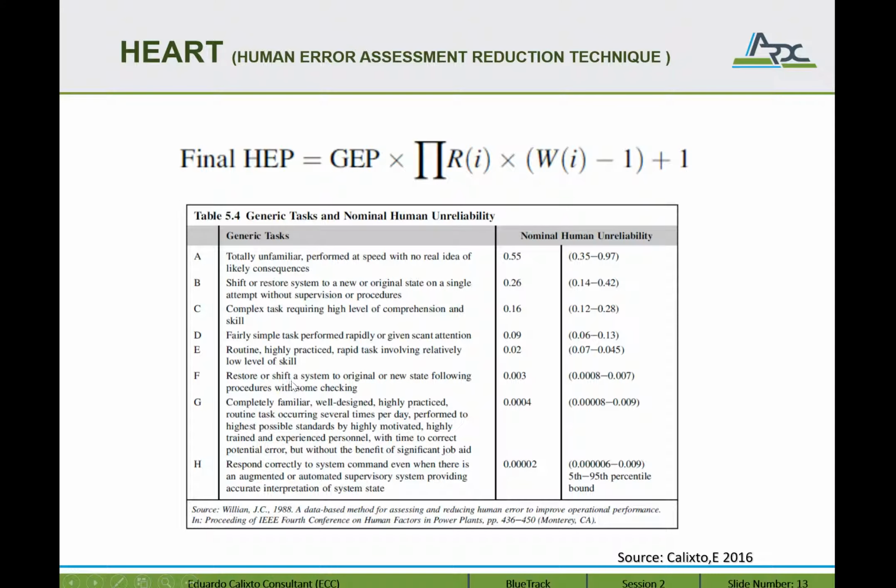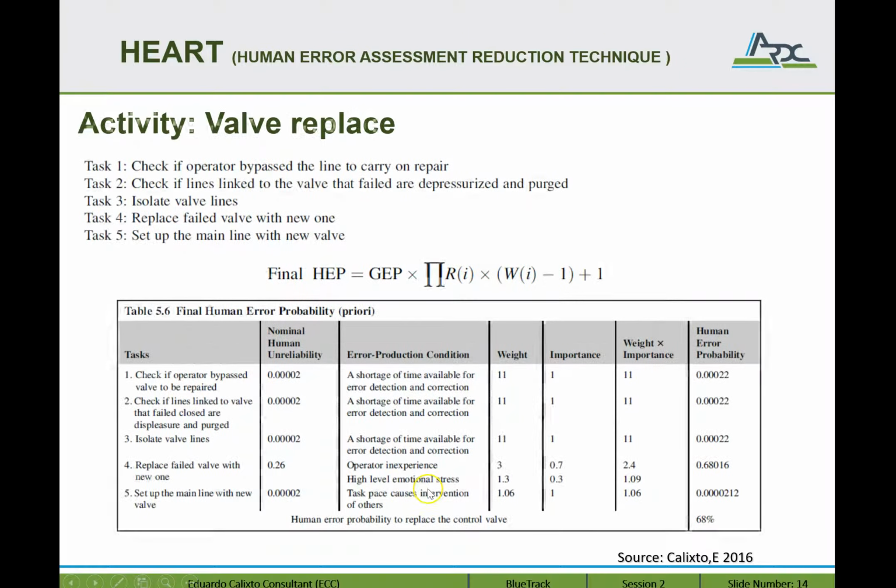If you go to table 5.4, we have 0.002. So we consider that respond correctly to system command event, when there is an augmented or automated supervisory system providing accurate interpretation of system state. We are considering that the generic task here is related with this task in here. So we use this probability.